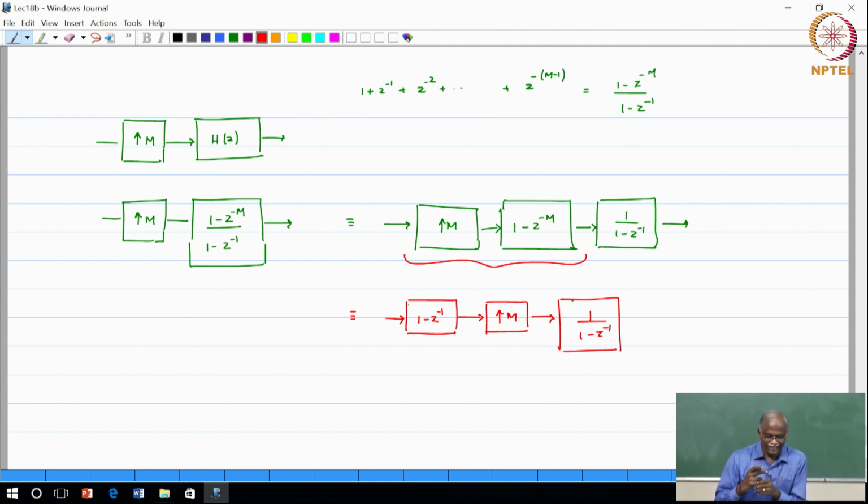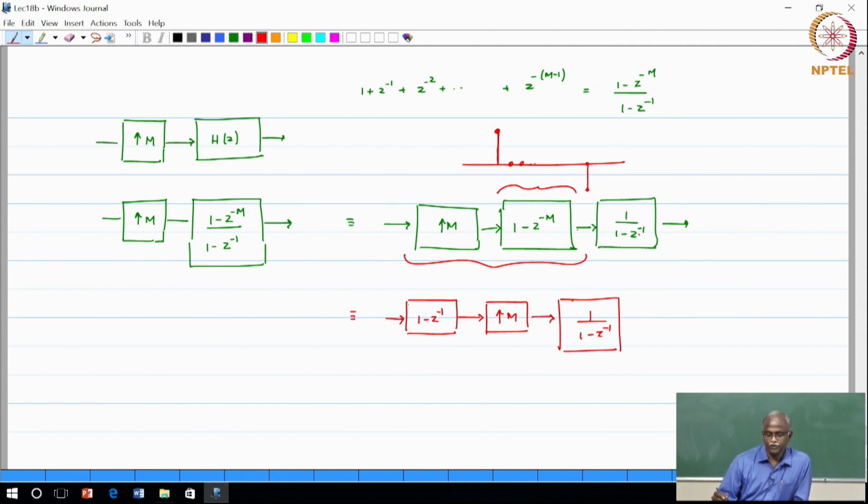Okay. Now, if somebody were to ask you what is the impulse response of this block, what would it be? You will get a 1 at time index 0, you will get 0 valued samples, and then at m you get minus 1.